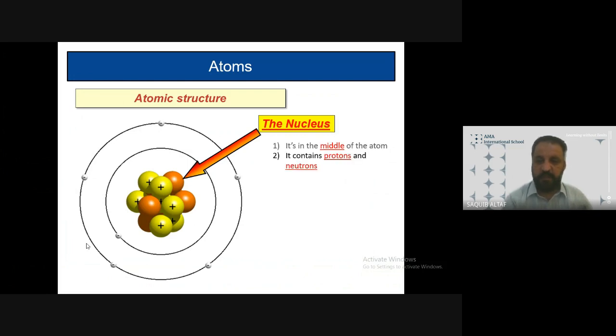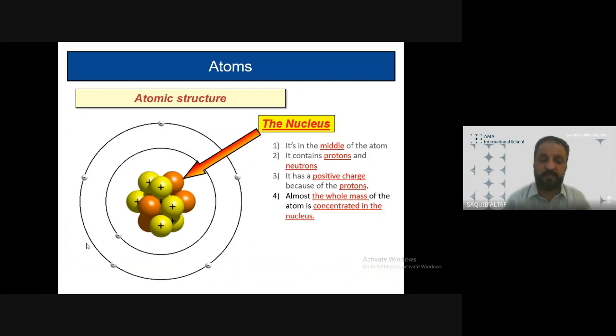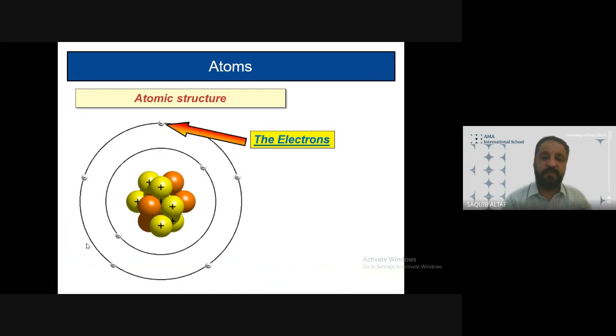Okay, you can see as I explained. Remember, all the particles are concentrated at the center, because protons and neutrons are very close at the center, so the whole mass of the atom is in the nucleus. Electrons are far away and occupy large space, but basically they are very small.